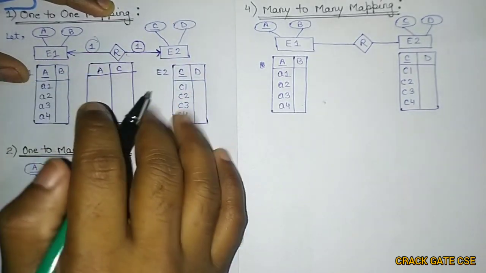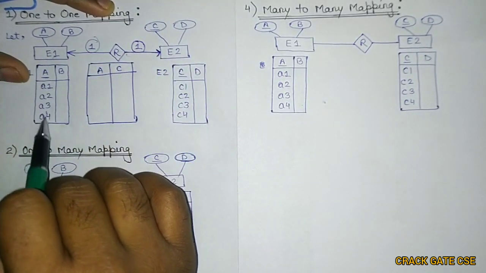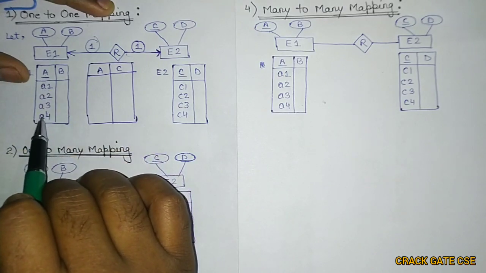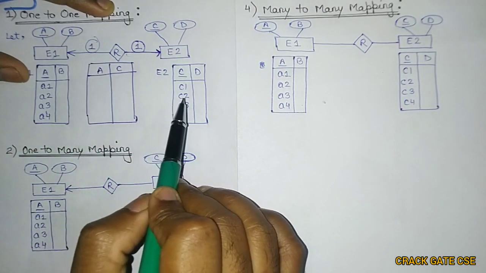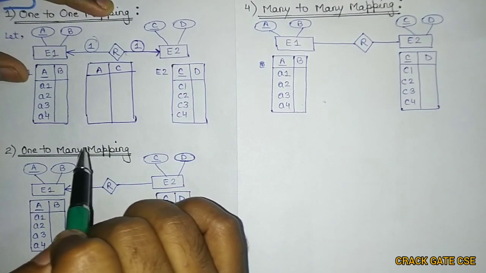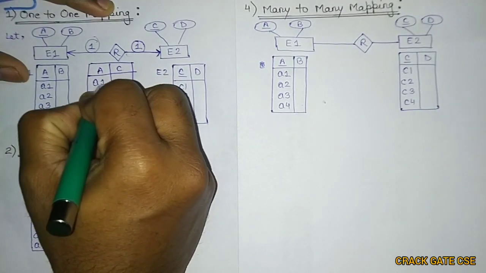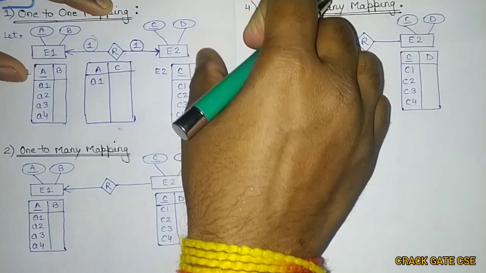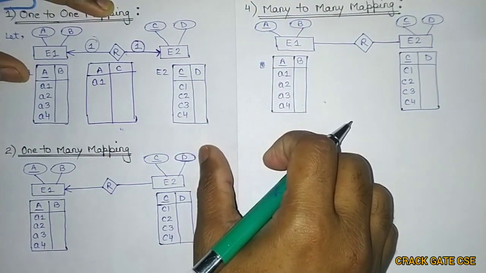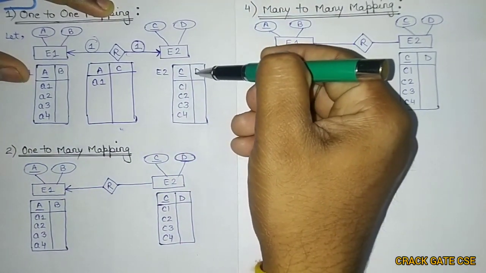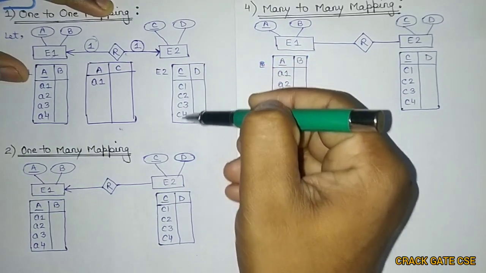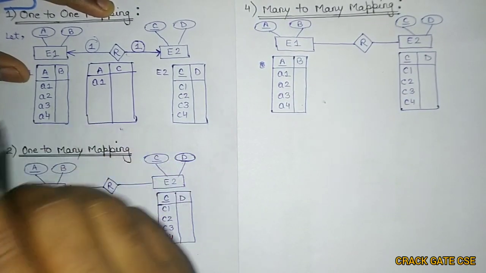So this is one to one. That means every value of this particular record will relate with only one value of this particular record because of one to one. If I talk about A1, this A1 can relate with any one of these values, either C1, C2, C3, C4, but with only one.